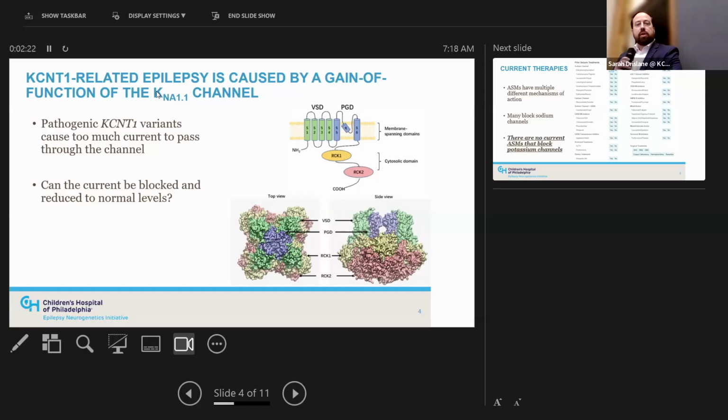This particular protein, made when the cell utilizes the KCNT1 gene, assembles itself into what's called a tetramer. So it's a channel that has four individual subunits, schematized here at the bottom in this 3D model. This is a channel that sticks inside the outer cell membrane of the neuron.